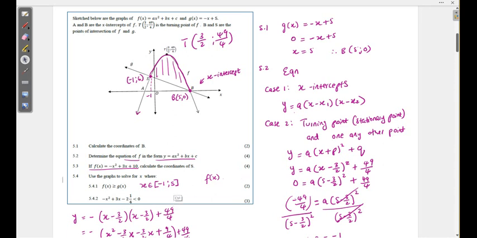All right. And then the last question here. What is that question saying? It says x squared plus 3x minus that is less than 0. Which graph is that now? F, maybe?